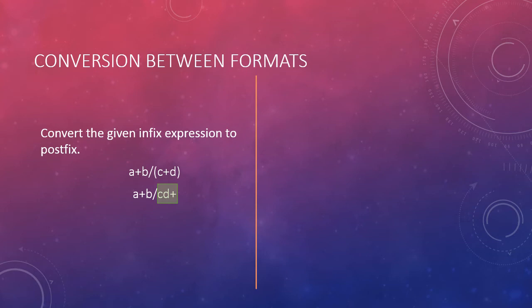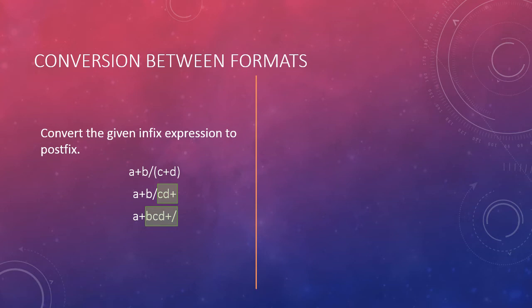I repeat, the first operand of the divide sign is B and the second operand of the divide sign is CD plus. B divided by CD plus. In postfix it will be written as BCD plus divide. This whole thing is in the bigger green box.